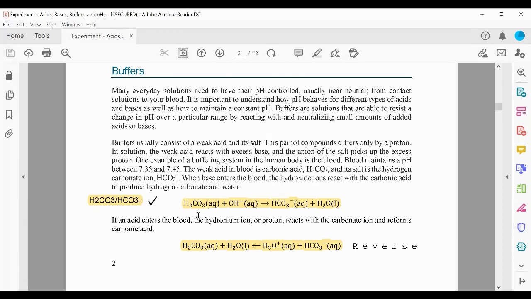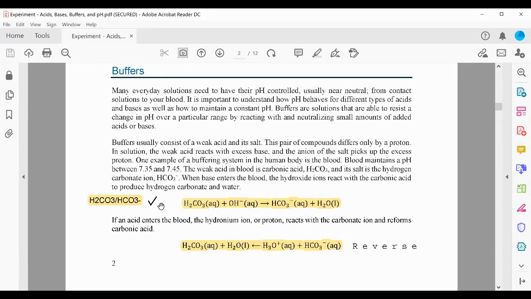So the body uses buffers, and one important buffer that the body has is this buffer that is written here on the left, that is a mixture of carbonic acid and carbonate. I had to write it here.